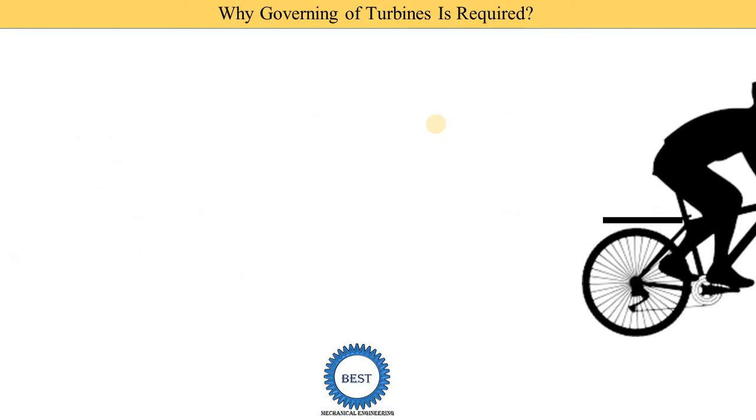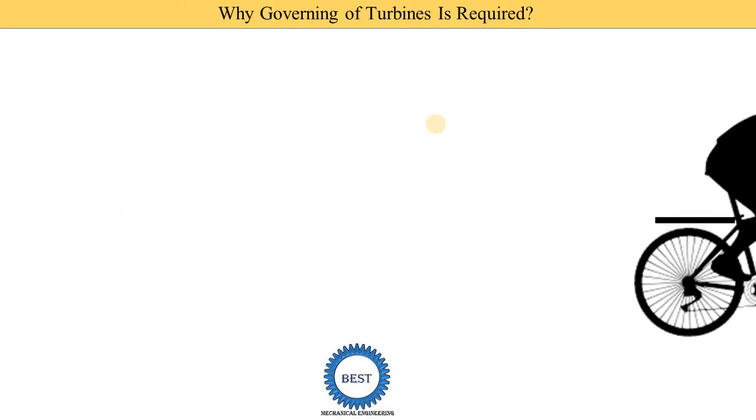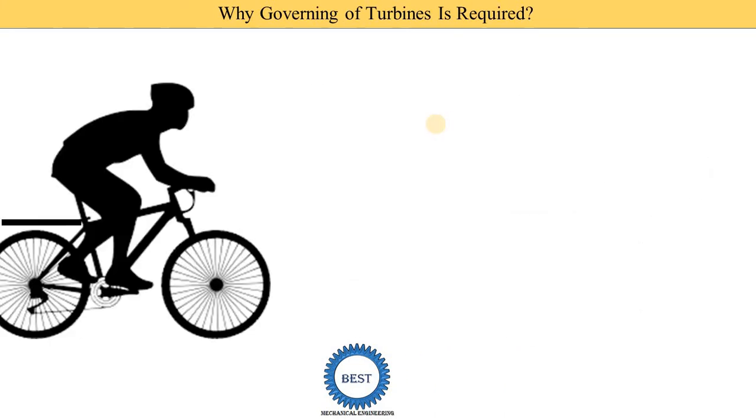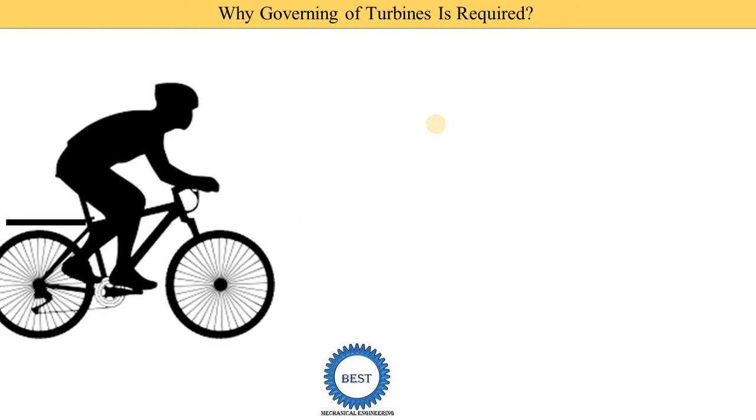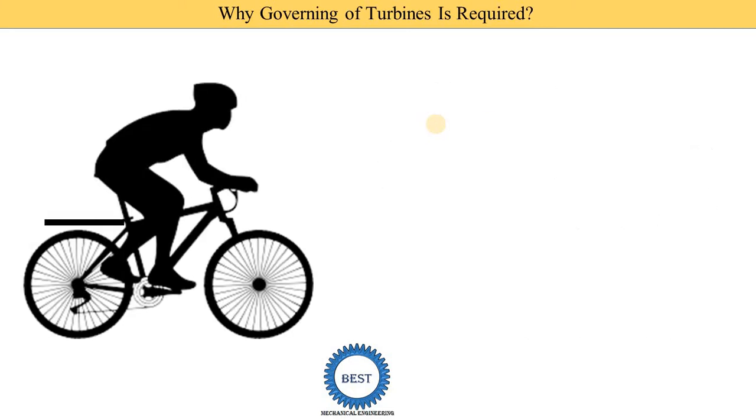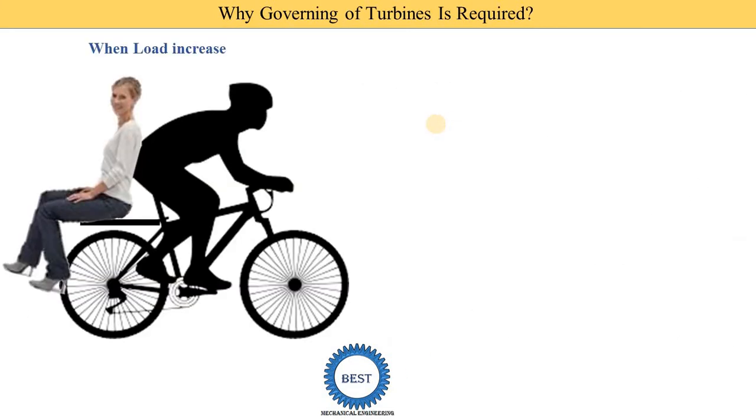When you are riding the bicycle alone at a certain speed and you are pedaling, some of the energy from your body is used. Now one of your friends sits on the bicycle, so the load is increased. When your friend sits on the bicycle, the load on the bicycle increases.